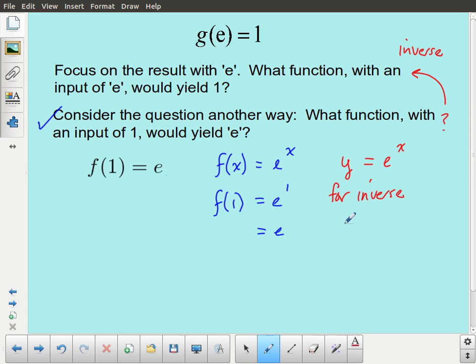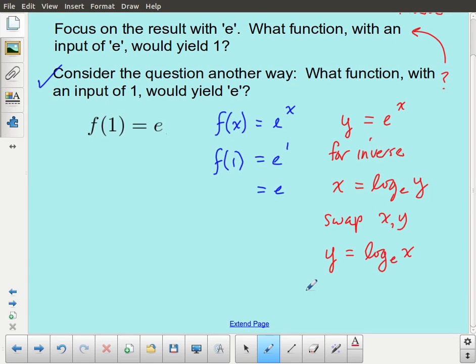So this becomes x equals log base e of y. And then I will swap my x and y. I could have done the swap before or after. So my function is y equals log base e of x.